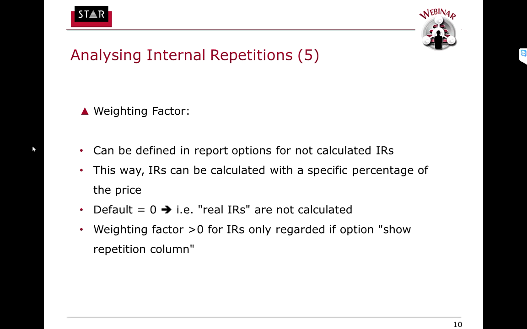But if you make the weighting factor bigger than 0 for internal repetitions, then they can be counted, and they're only regarded if the option Show Repetition Column is switched on. And this is what we're going to do in Transit.